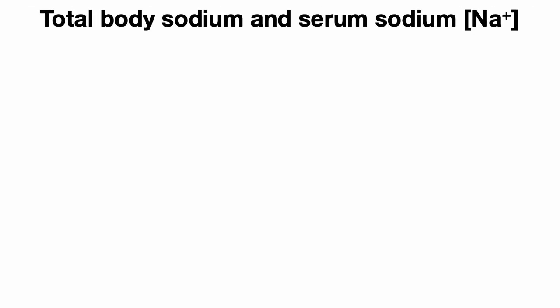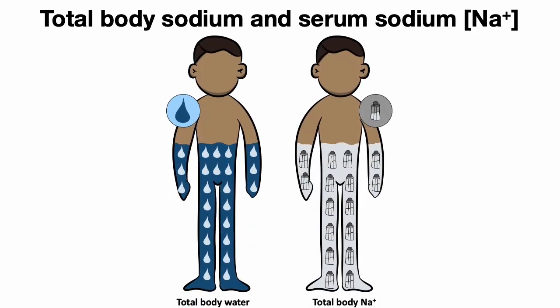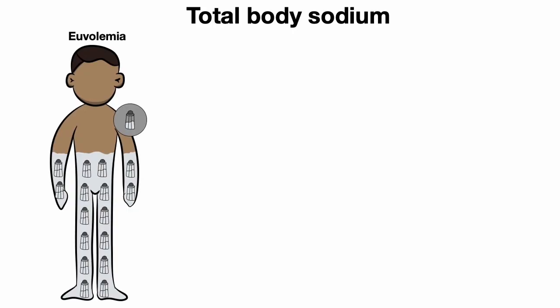To best illustrate this, we will look at total body water and total body sodium as separate entities. As discussed prior, total body sodium can only be determined by examining the patient. It cannot be measured.